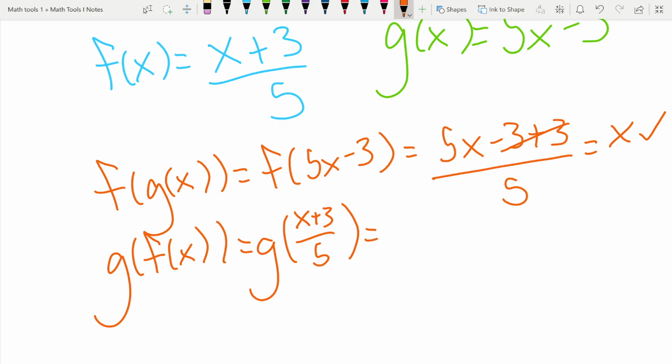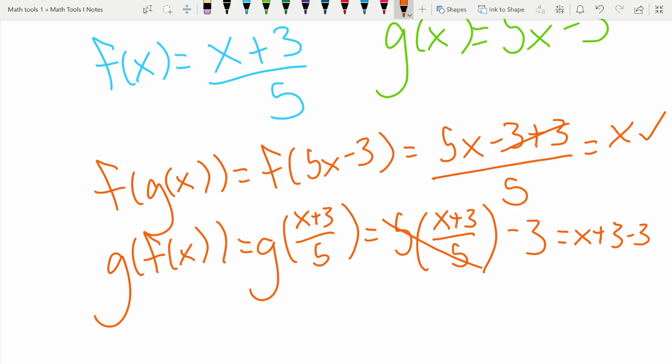So we have 5 times x plus 3 over 5 minus 3. Okay, 5 divided by 5, those cancel. We have x plus 3 minus 3 equals x. So we're good in both directions here. So we verify that these are indeed inverses of each other.